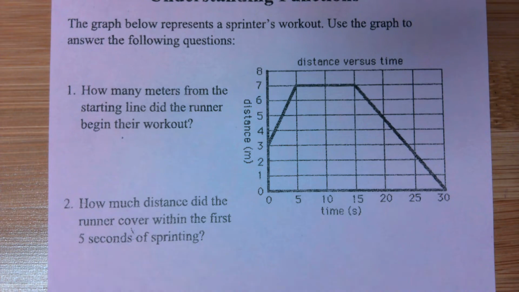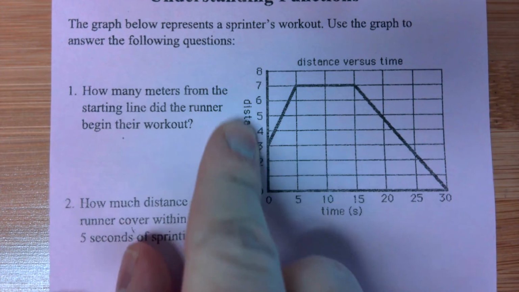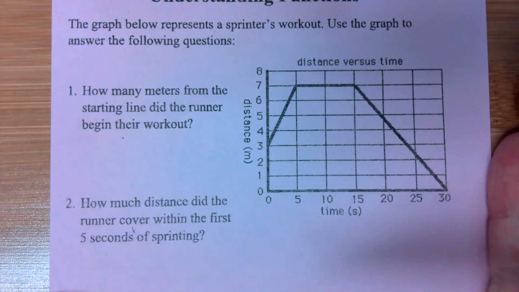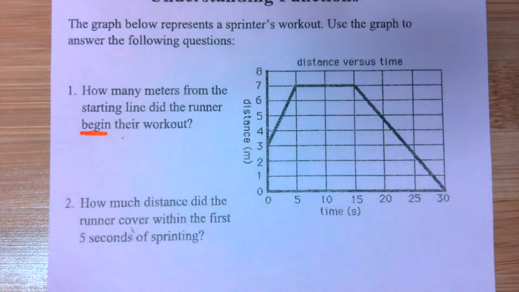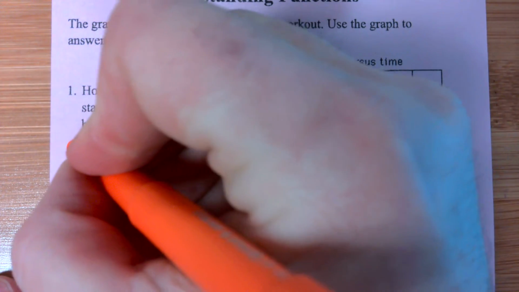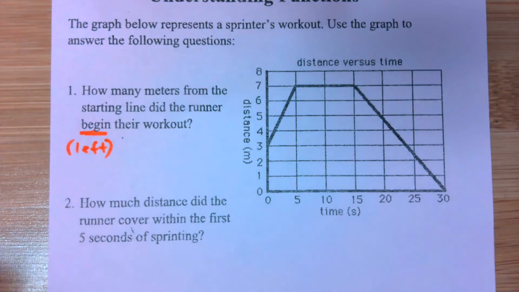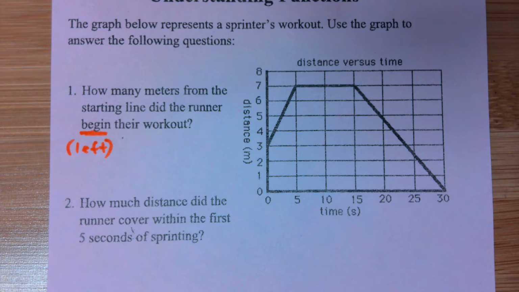Am I looking on the right of the graph, top of the graph, bottom, left? The left, right? We always start on the left and work towards the right. So if we're looking for where the runner began their workout, we've got to look to the left of our graph.